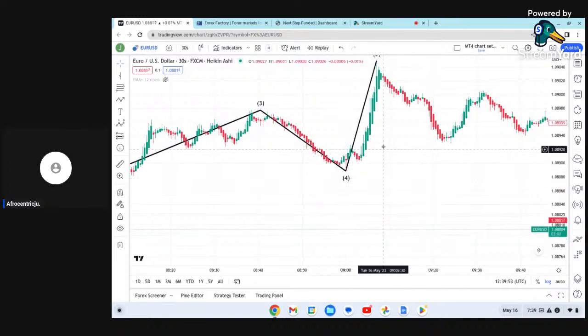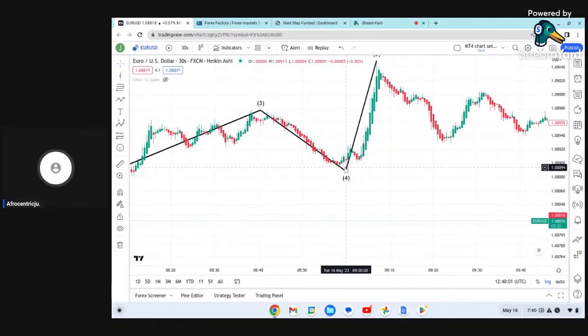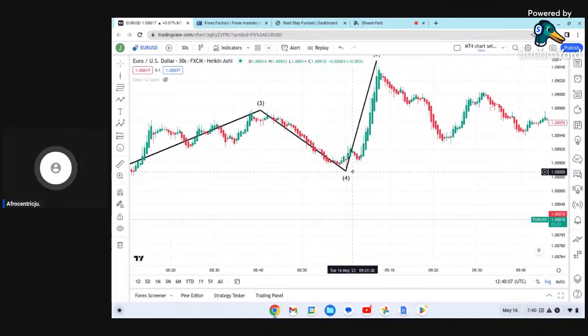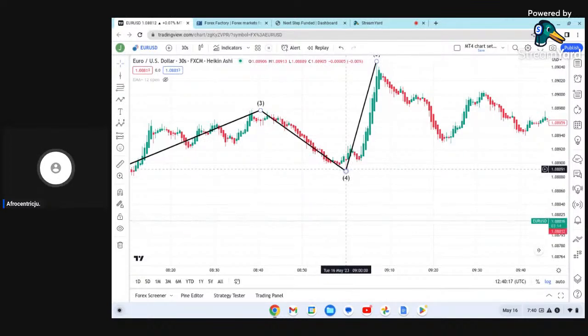So let's just say news was happening after this candle. Granted, I'm just using this chart as an example. I don't trade on no 30-second chart. That's crazy. But anyway, this is the rejection candle, and like I said, let's just say news was happening on the following candle.